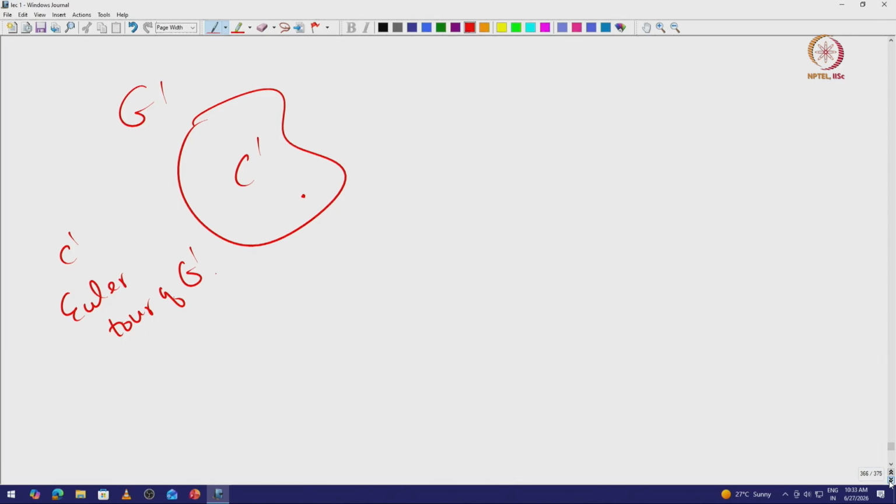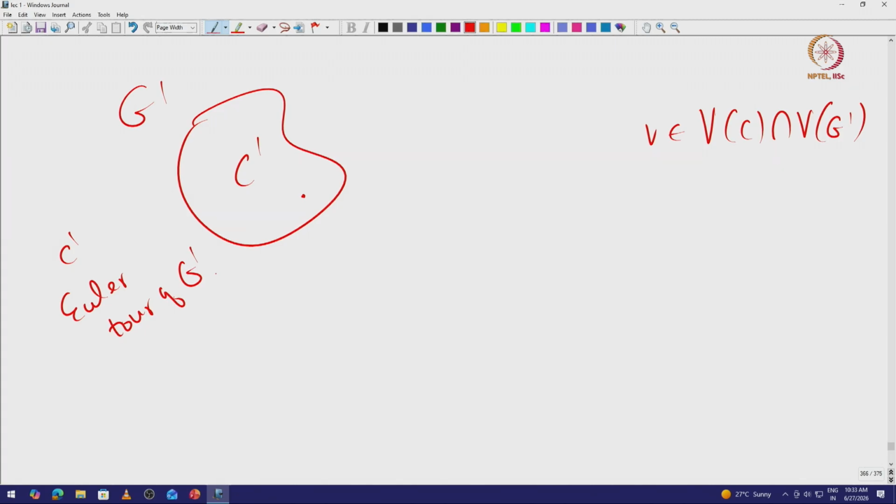And the original G is connected. So, that implies that we must have one vertex common between G dash and our C. So, there should be a vertex V in V of C intersection V of G dash. Now, note that we have taken this Euler tour C dash inside G dash.